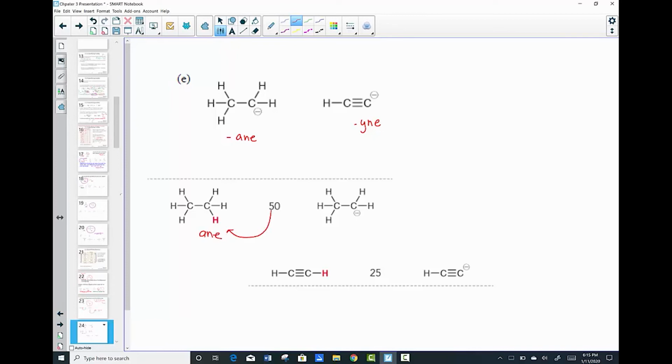And the terminal hydrogen of the alkyne has a pKa of 25. So clearly you see that this is the weaker acid, and therefore its conjugate must be the stronger base. We getting it? Oh yeah.